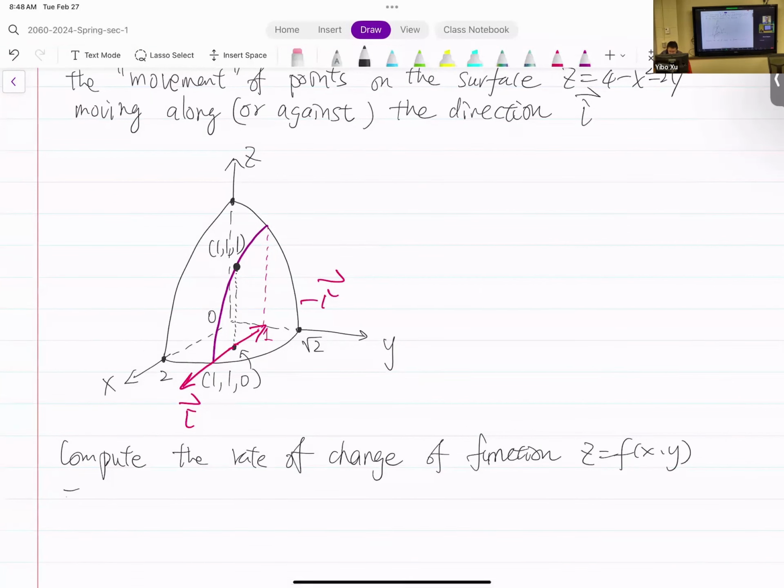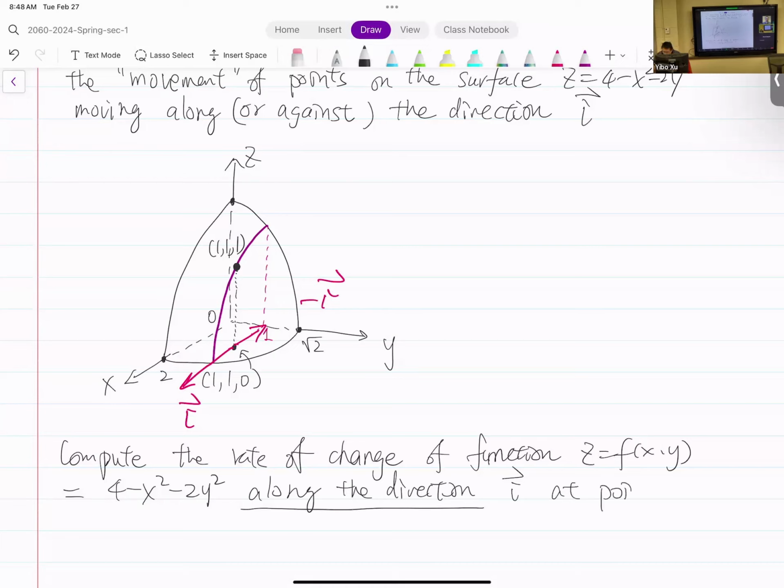Of course, it has the same definition, along the direction i at the point x equals 1, y equals 1.